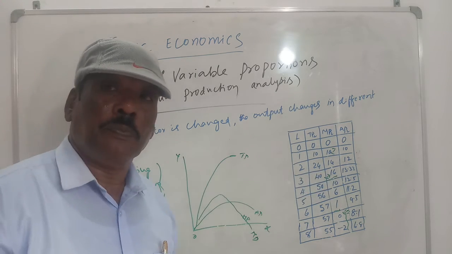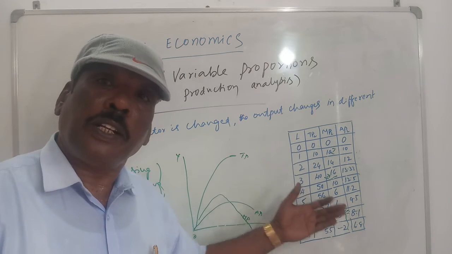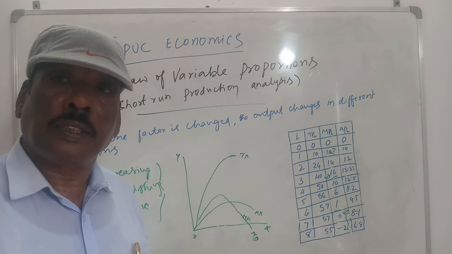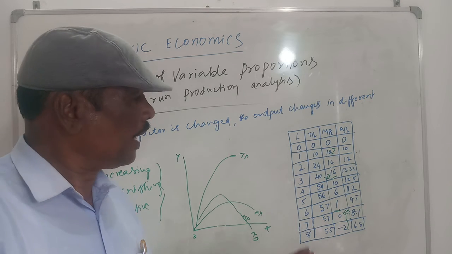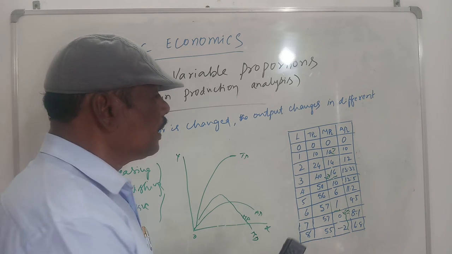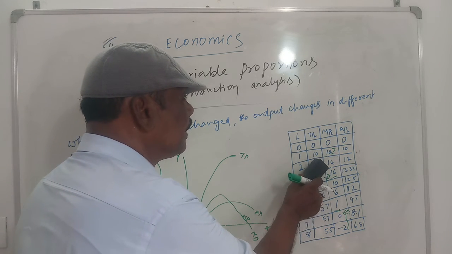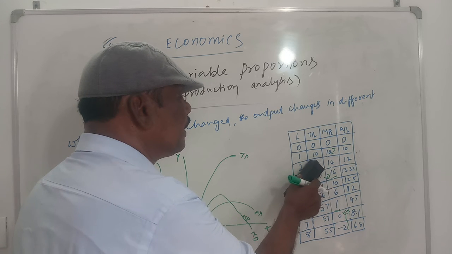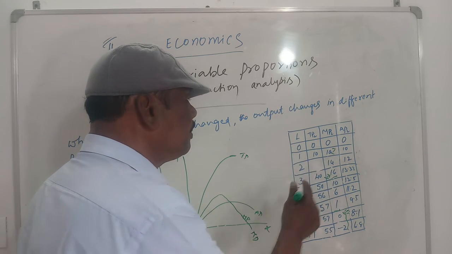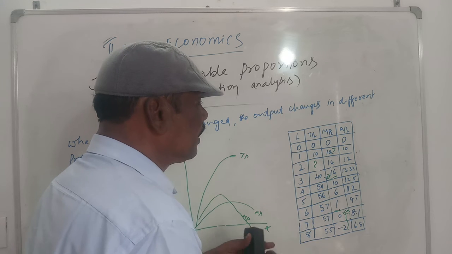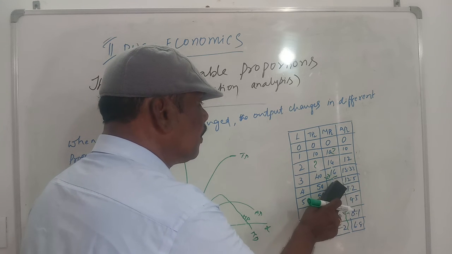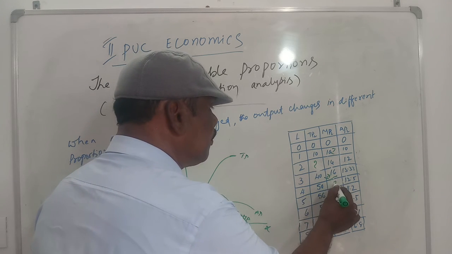And this table is very, very important. This may be asked for another calculation. Say, for example, they may put a question mark here.